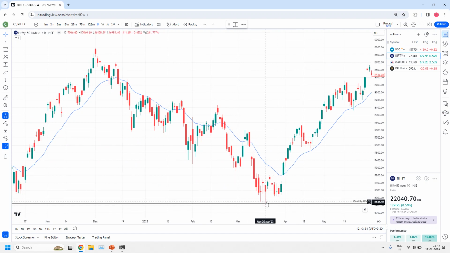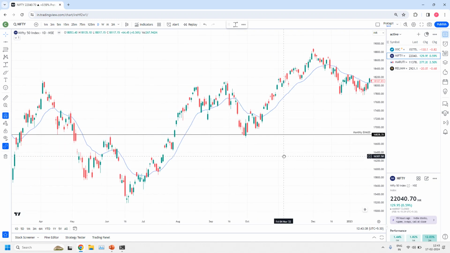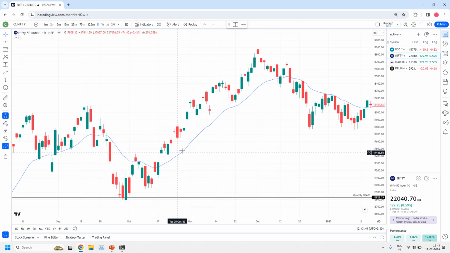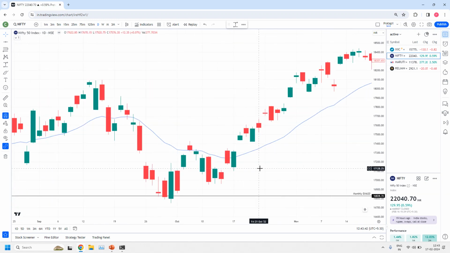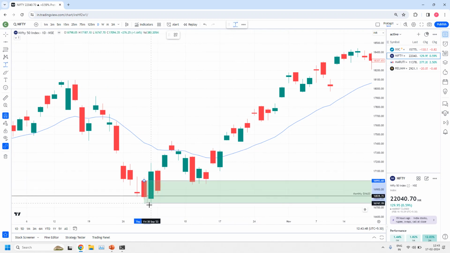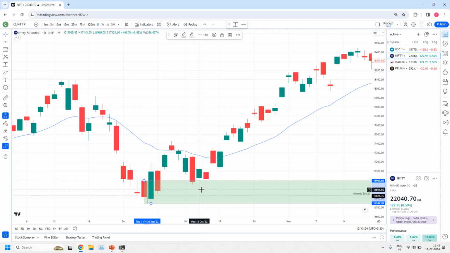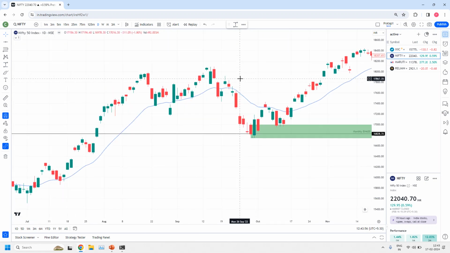This is the area where price overextension is completed. In that area, is there any demand zone available? Maybe you can draw a zone like this here. It came down and then prices moved up.